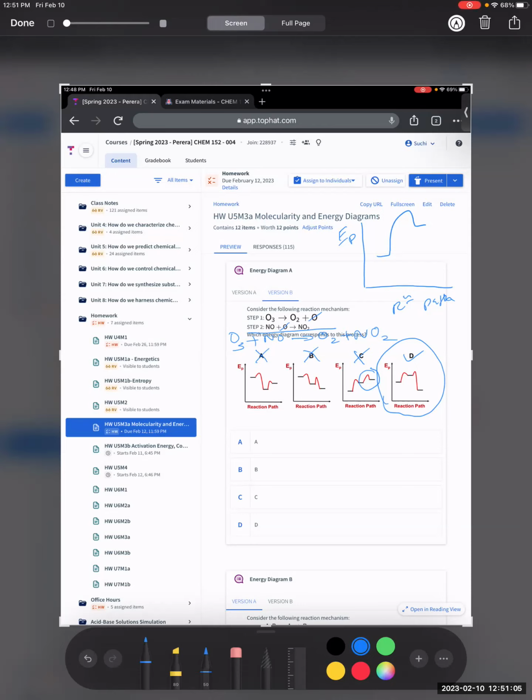But in NO2, we have more AB bonds because we have 2 AB bonds, meaning we have stronger bonds on the product side, meaning lower potential energy. So overall, we are going from a higher potential energy to a lower potential energy in this overall reaction, which is always a good idea to verify at the end. All right. So the correct answer is option D.